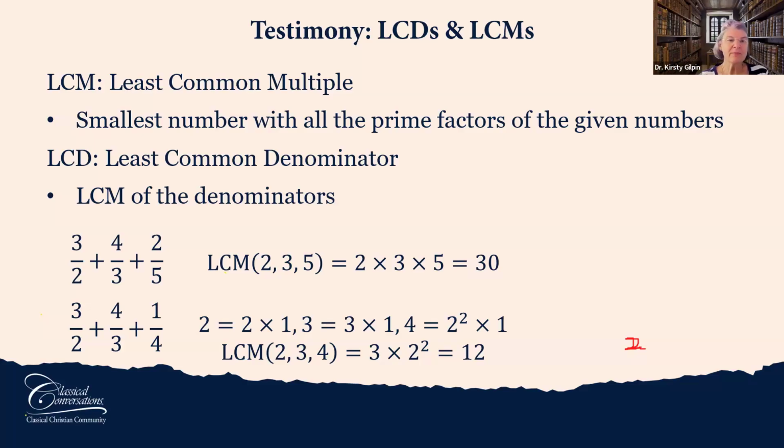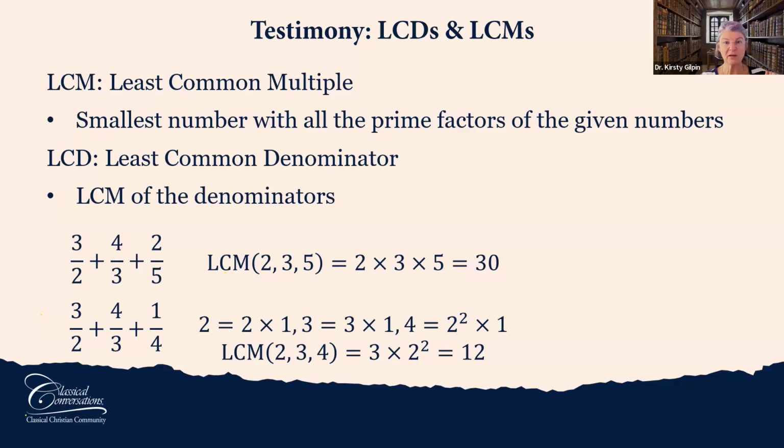But if I see 2, 3, and 4, now I might want to go, okay, well, 2 is prime, so it's either 2 or 2 times 1. 3 is 3 times 1 because that's prime. And 4 is 2 squared. For my least common multiple, I just need the prime factors, without duplicating. So my 2 squared includes my 2, so I only need the 2 squared.